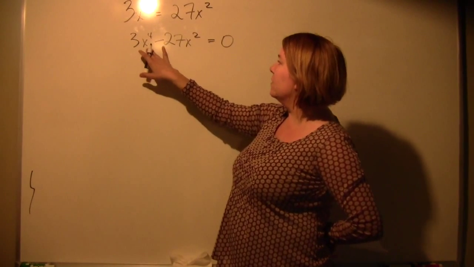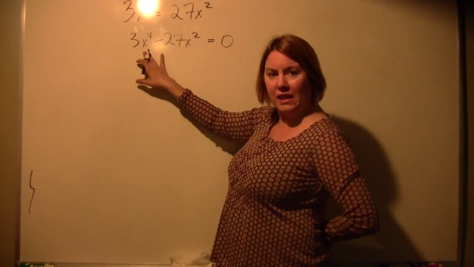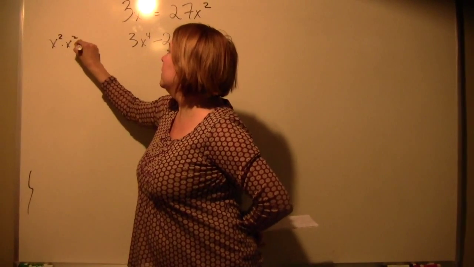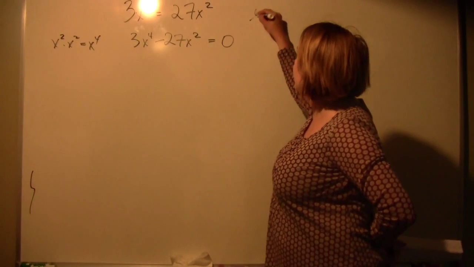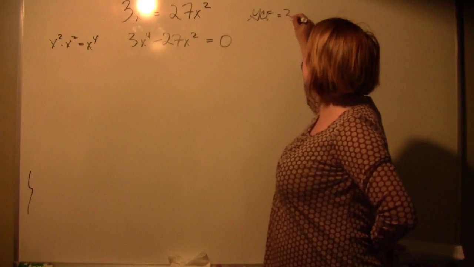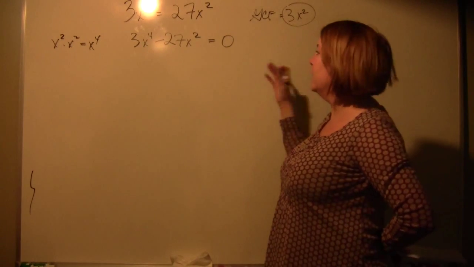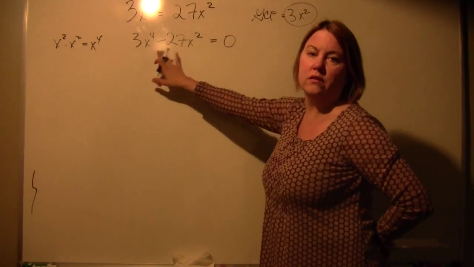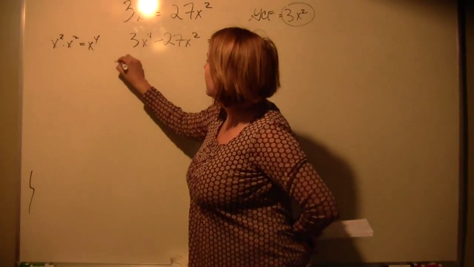When you have an x to the fourth and an x squared, you know there's an x squared inside of an x to the fourth, because x squared times x squared equals x to the fourth. Okay, so our greatest common factor is going to be 3x squared. And the easy way to get the x squared is that it's the lowest degree out of the two. So let's factor that out.